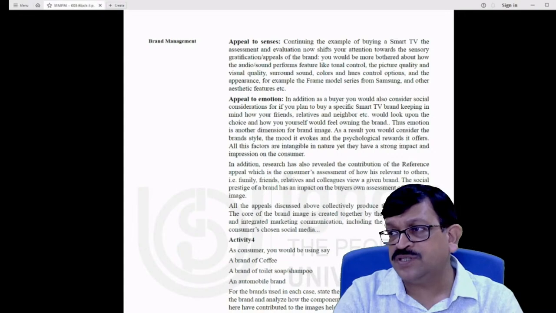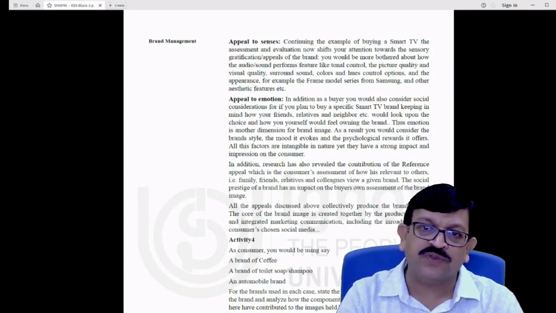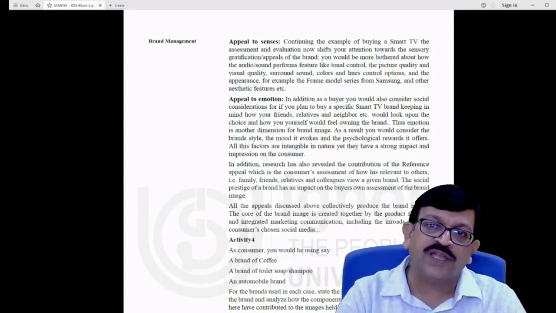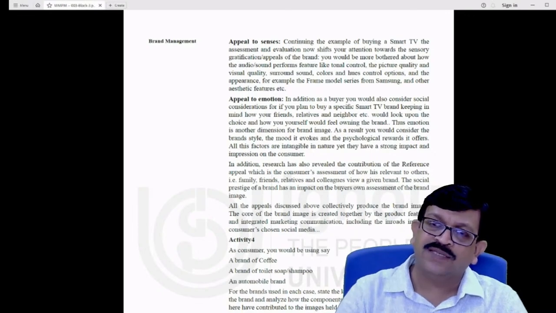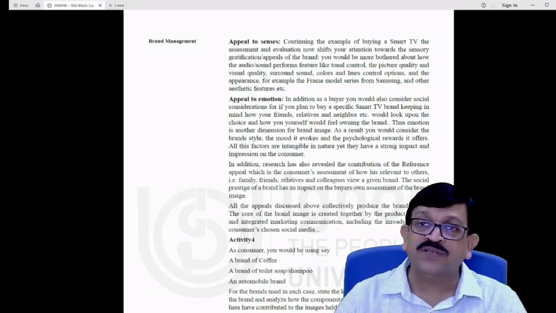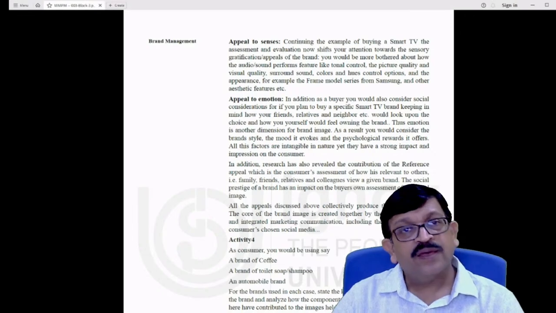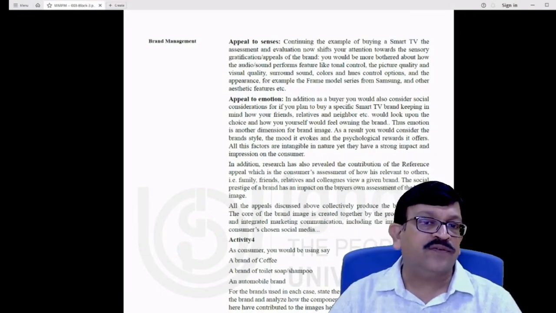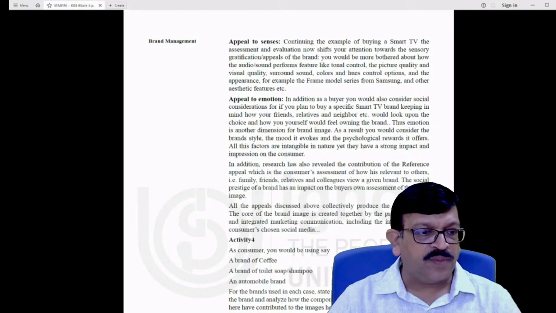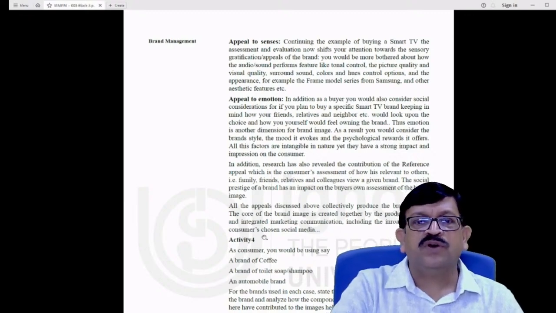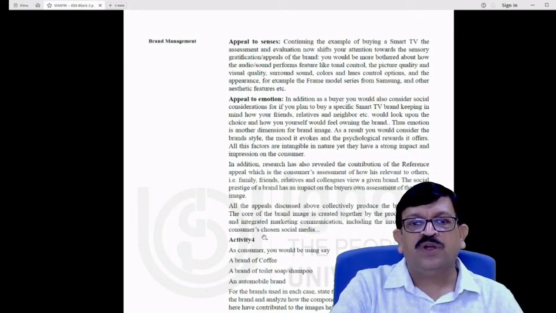So the social prestige, when we talk about the motivational, if it's Maslow's need hierarchy, there's a social need, the social acceptance that is associated with a particular brand definitely lends a kind of reference appeal to the brand image. So these are some of the components of brand image that one needs to understand.